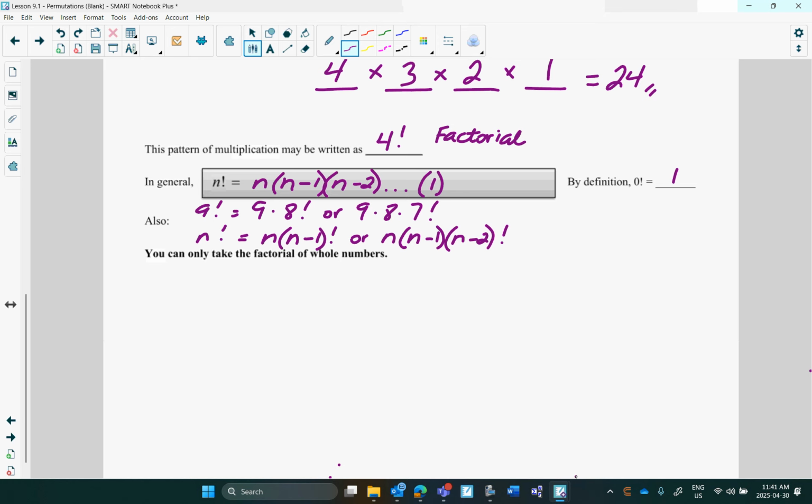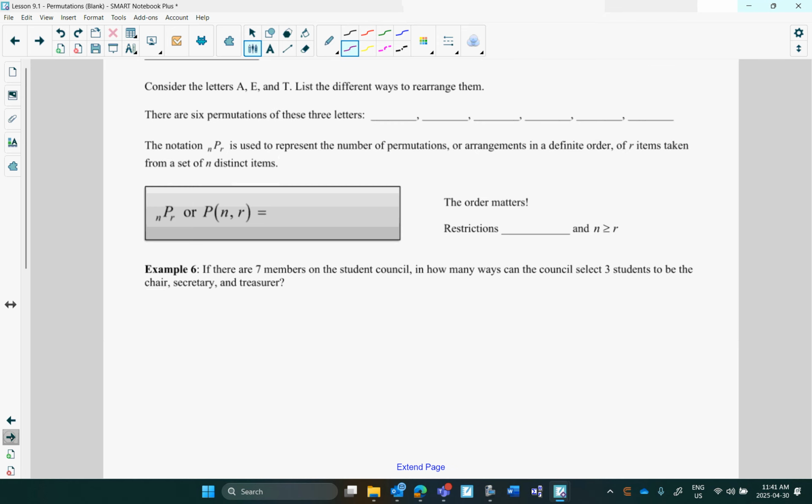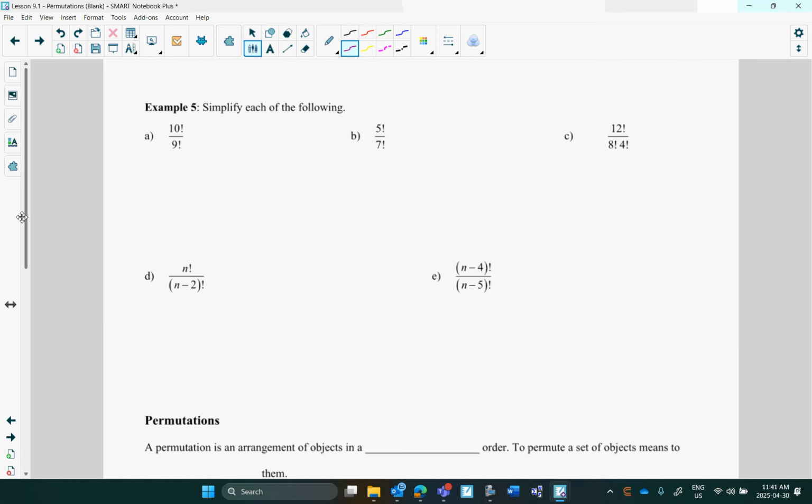Okay, so here's how we can use it. Like this. 10 factorial over 9 factorial. Can you think of a quick way that I could find this answer by using what I just showed you?